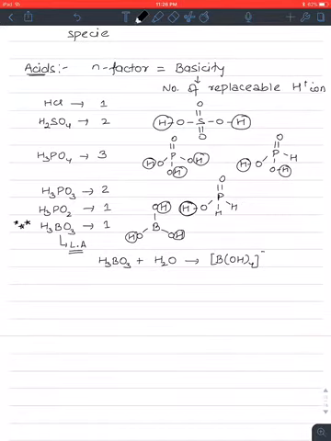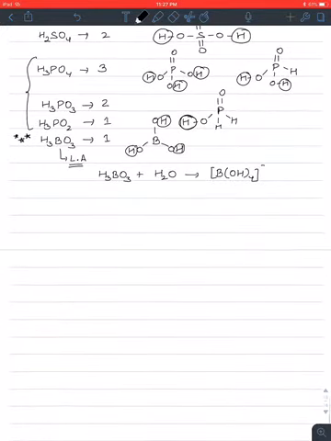And what we can observe is that H3BO3 has accepted a pair of electrons from a water molecule, so that is why we say the N factor for H3BO3 is 1. Is this point clear? This point is important, that the N factor for H3BO3 is 1, and these 3 are also important. H3PO4 N factor 3, H3PO3 N factor 2 and H3PO2 N factor is equal to 1.